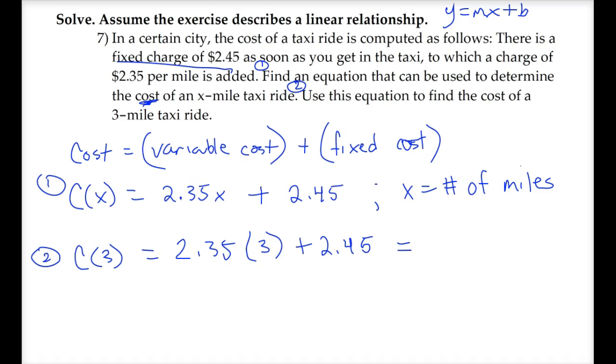And so once we're done with all that, we see that the $2.35 times 3, that part will end up being $7.05, plus the $2.45 will end up with $9.50, okay? And so that is what the taxi ride would be.